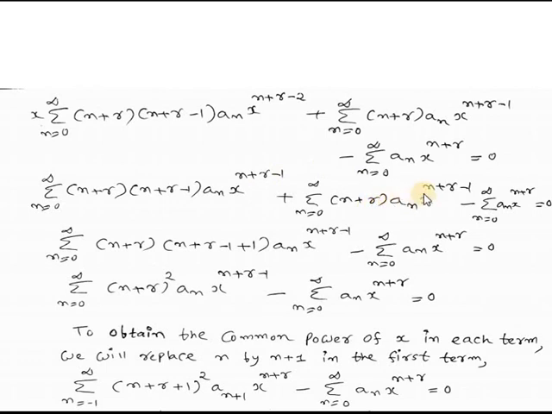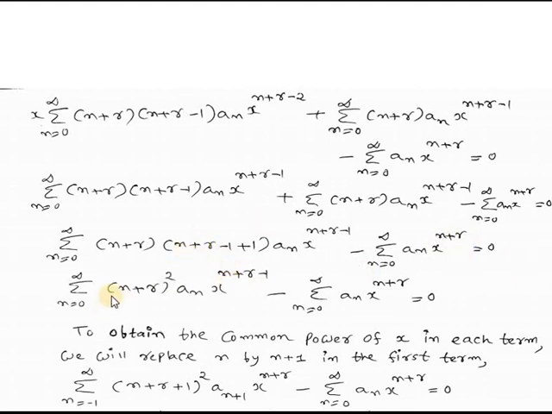So we can write n plus r an x raised to n plus r minus 1 common. Here n plus r minus 1 will be the same, and plus 1, because the second term is common here. So here only 1 will be there, so it will be plus 1, minus sigma an x raised to n plus r equal to 0.